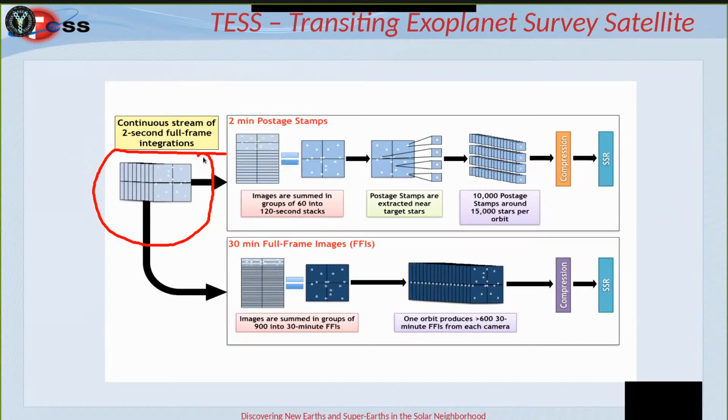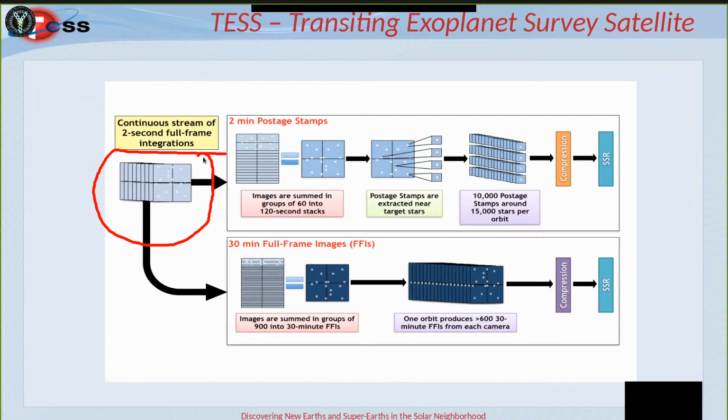This has a very interesting consequence: because of this type of stacking, where you just drop the smallest and highest value of the 10 pixels within 20 seconds, you can easily get rid of the cosmic hits.